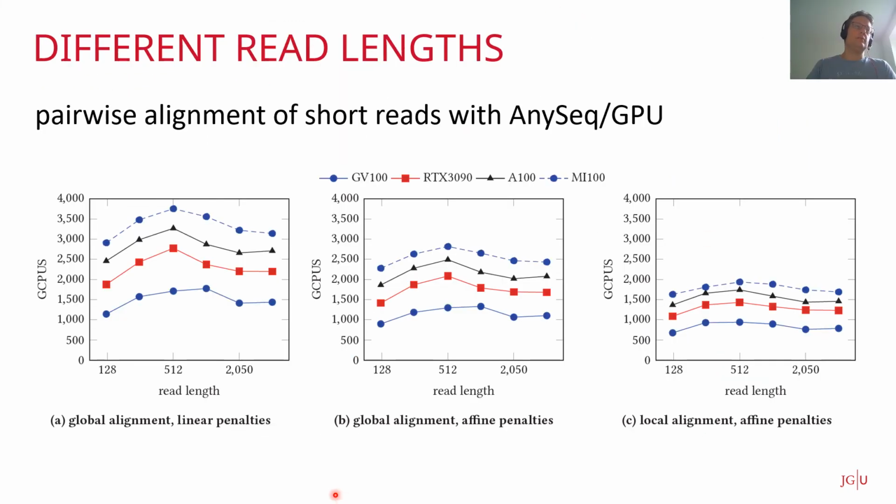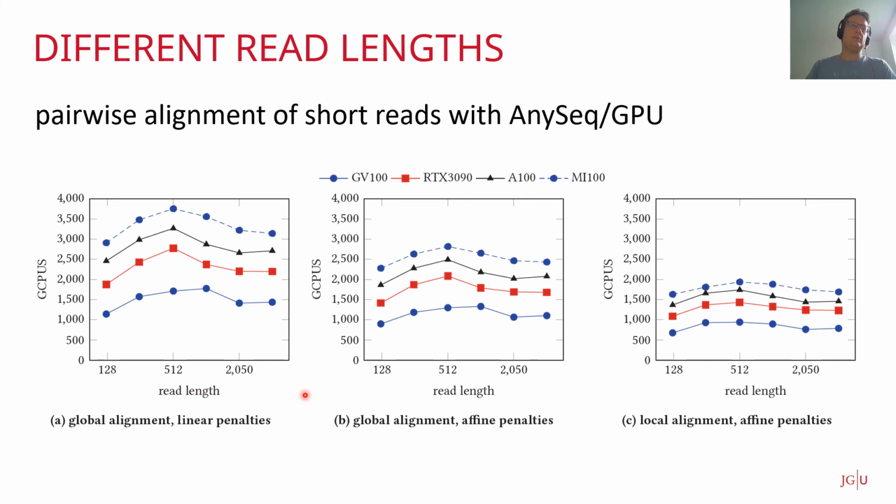Next, we see the performance of AnySeq GPU for the pairwise alignment of short reads with different lengths, from length 125 to 4096. To the left for a global alignment with linear penalties, in the middle for a global alignment with affine penalties, and to the right for a local alignment with affine penalties.